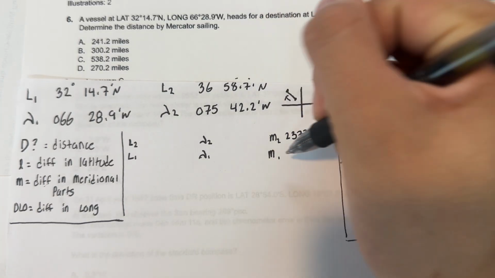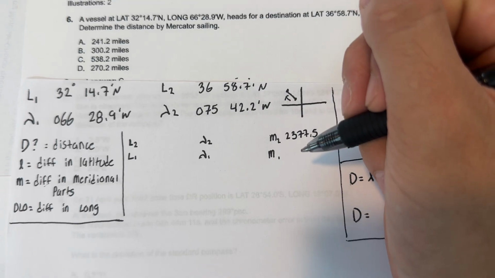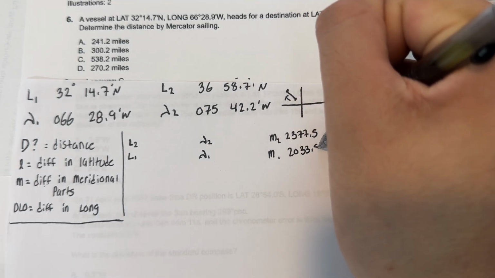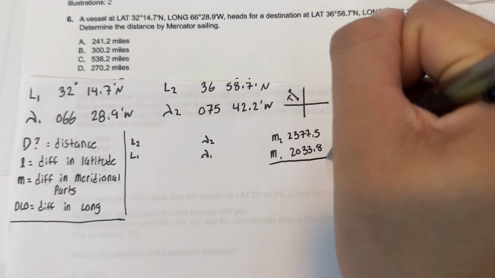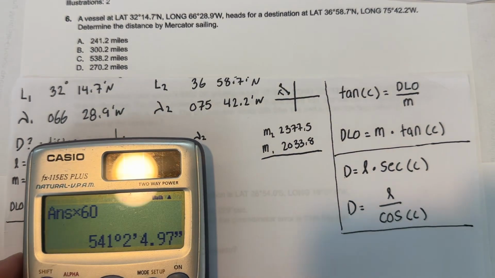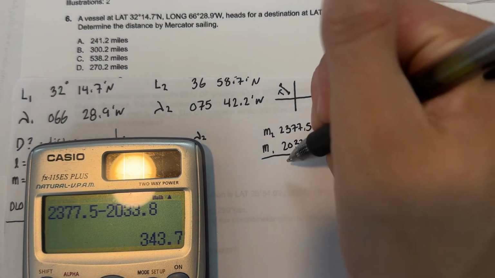So that's how you find meridional parts. Your M is the difference in those two, so we can find that difference. Throw it on the calculator. Our difference in meridional parts is 343.7.